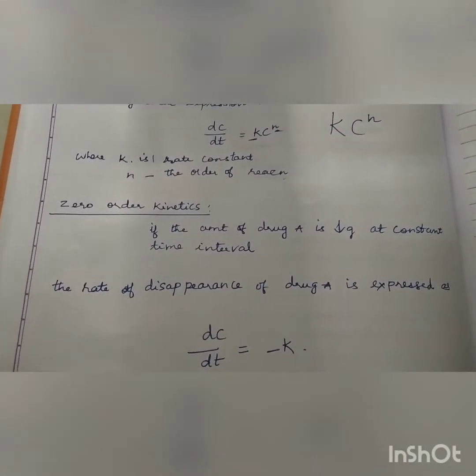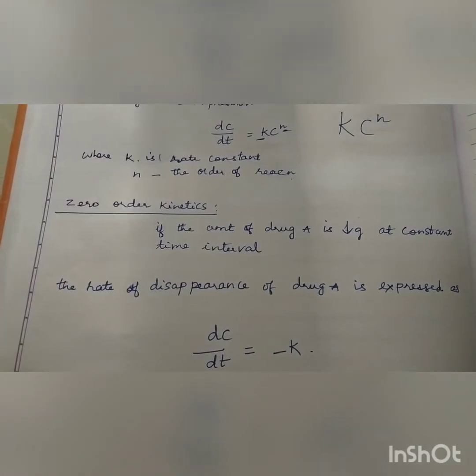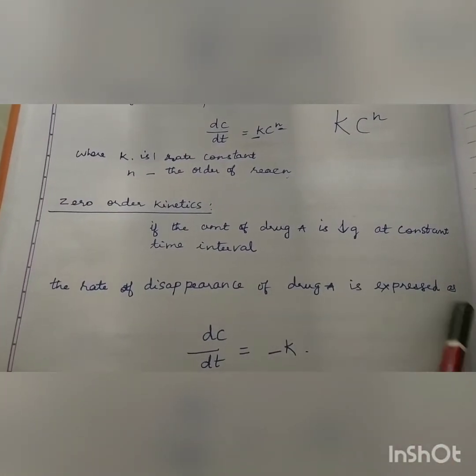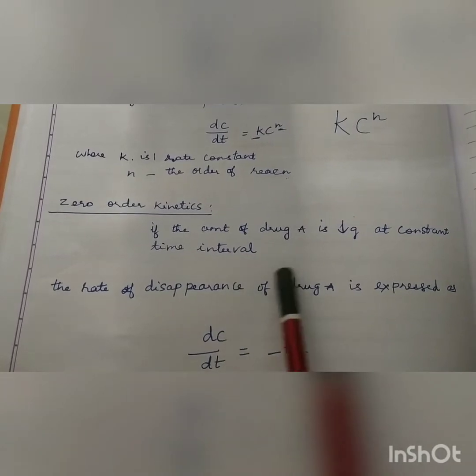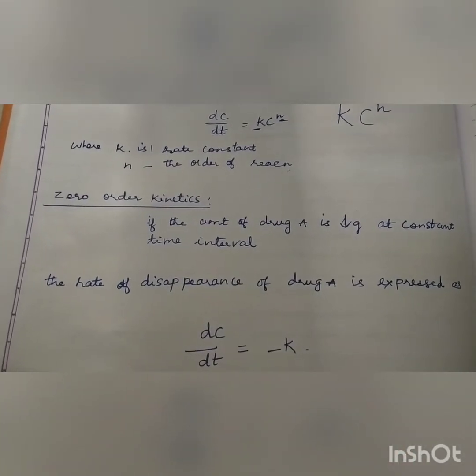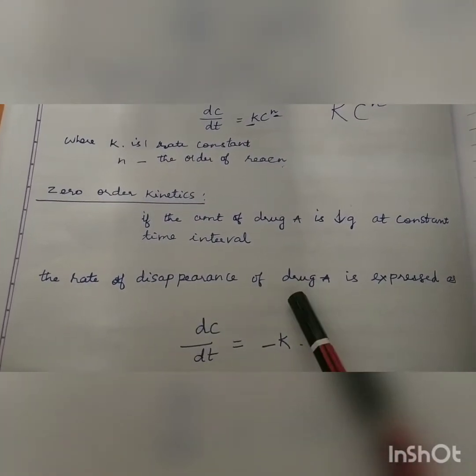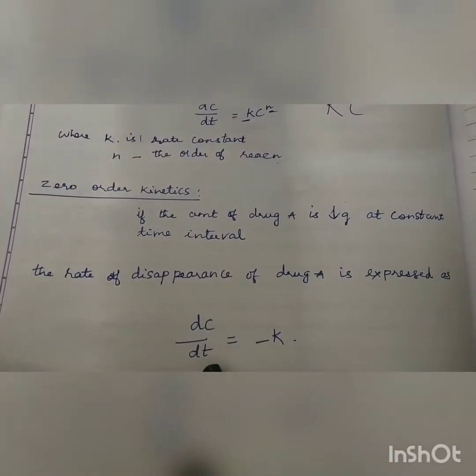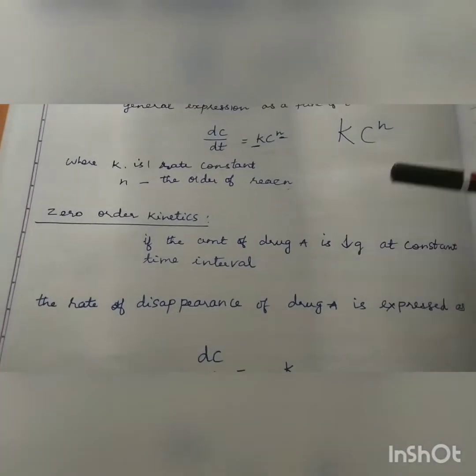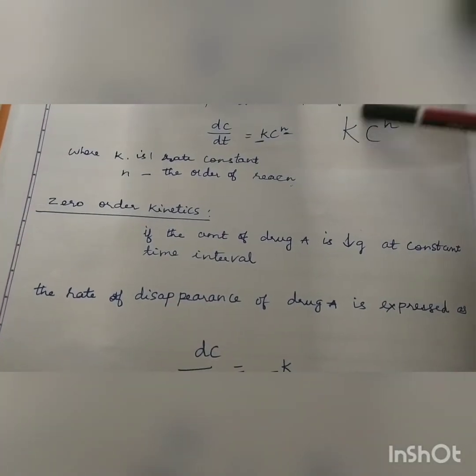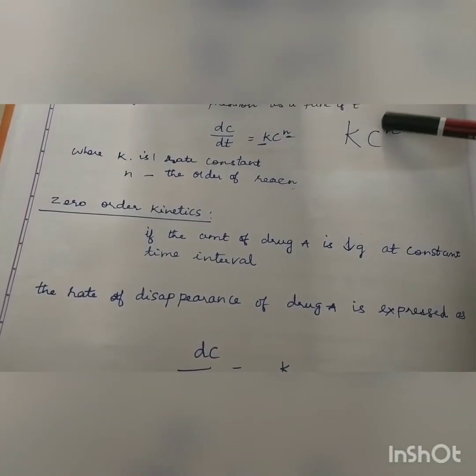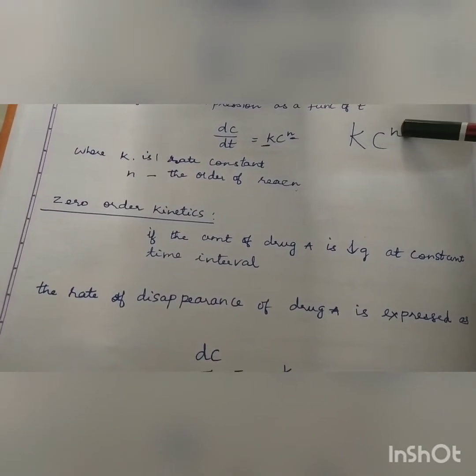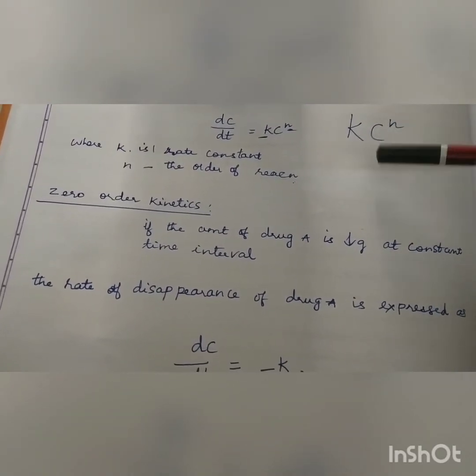Now we will look at the zero order reaction. If the amount of the drug A decreases at a constant time interval, the rate of disappearance of the drug is written as dC by dt is equal to minus K. In the equation, instead of this power n, C to the power n, if you put 0, what happens?